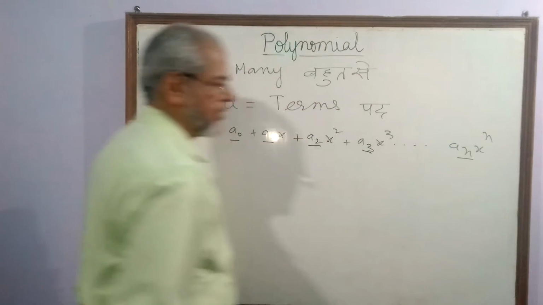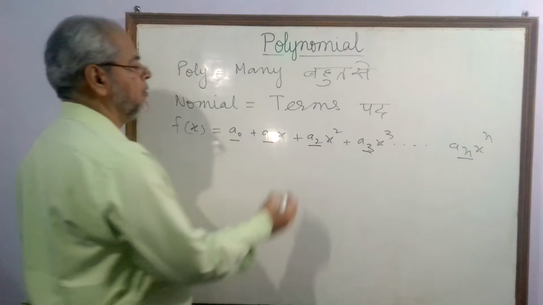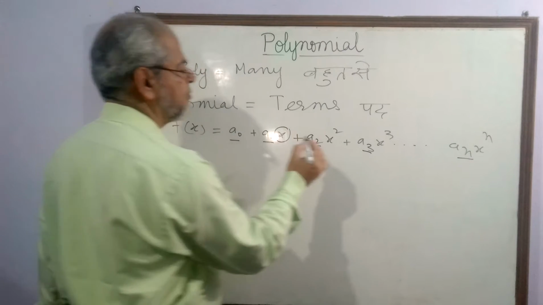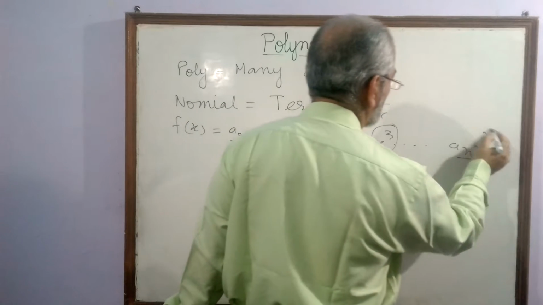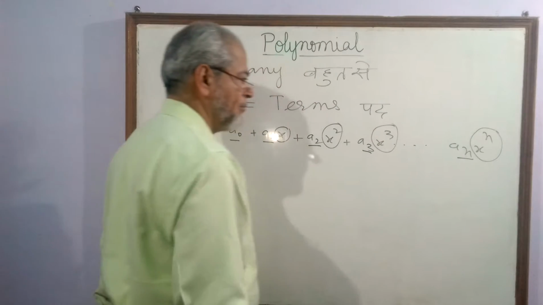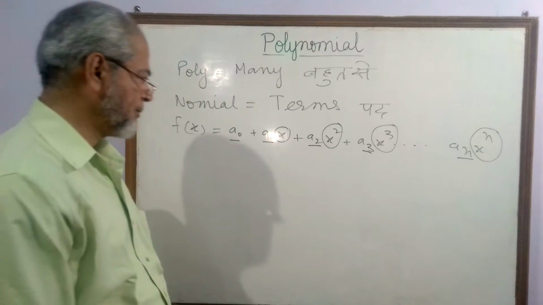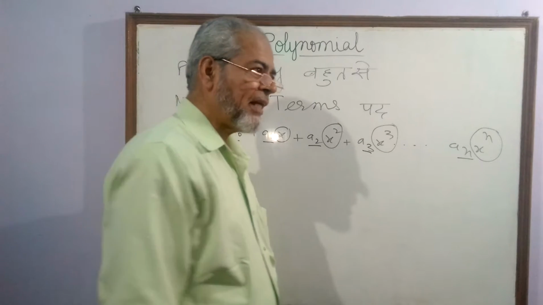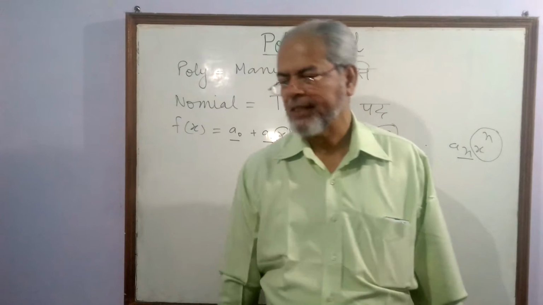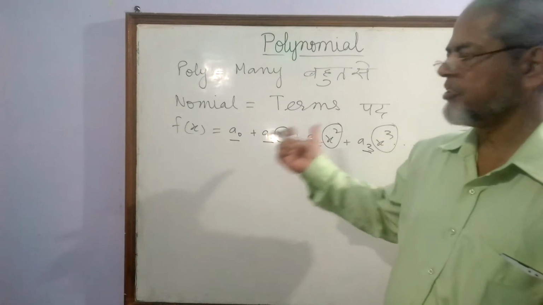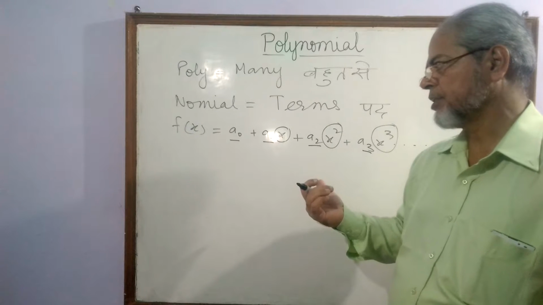These are constants and some variables like x, x square, x cube, x to the power n. Generally in mathematics, we take a, b, c, d as constants and x, y, z as variables.